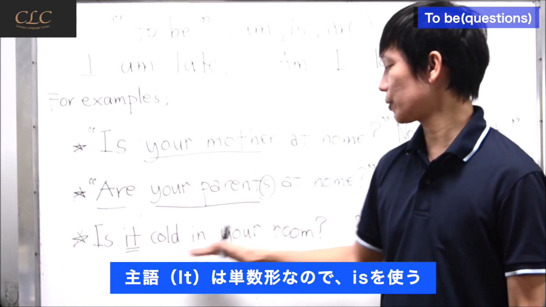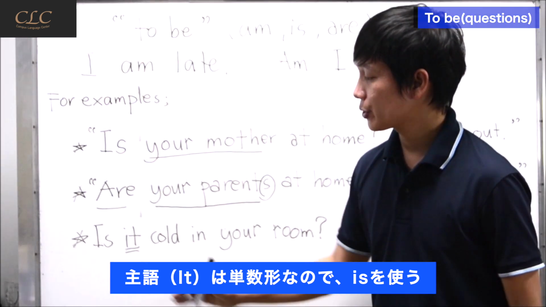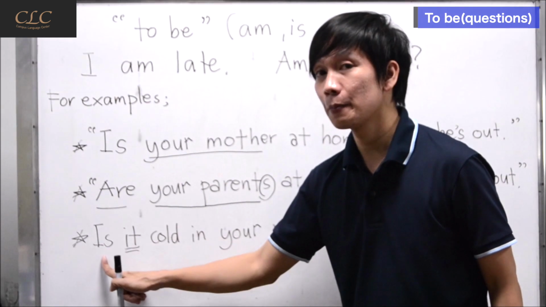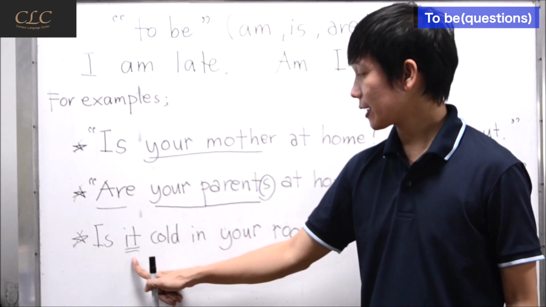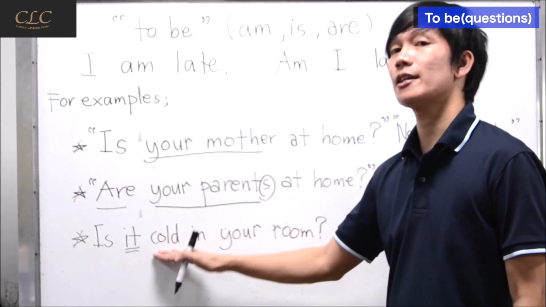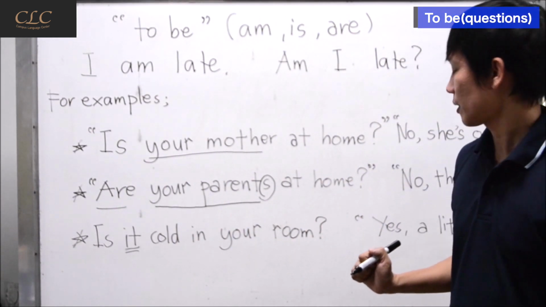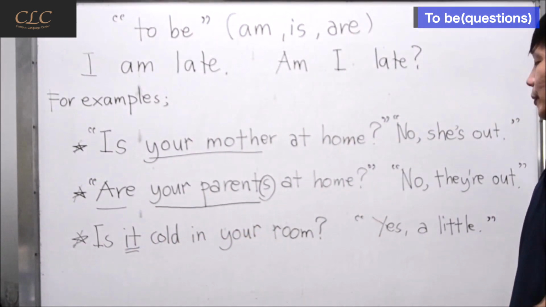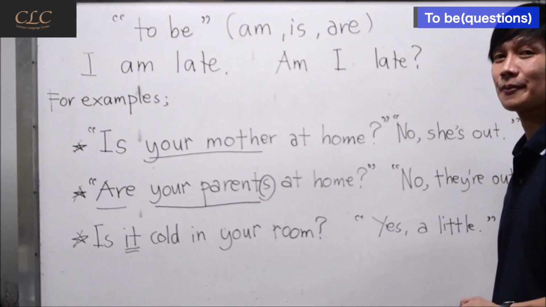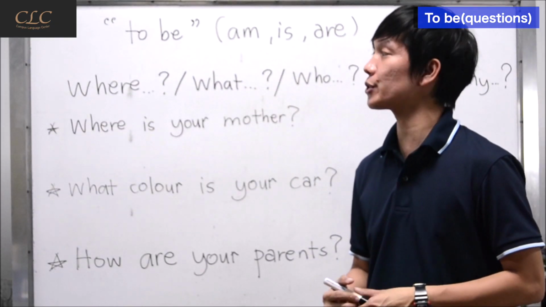Is it cold in your room? Remember again, you should start with the be verb, and then the subject, and the rest of the sentence. So how do we answer that? Yes, a little.